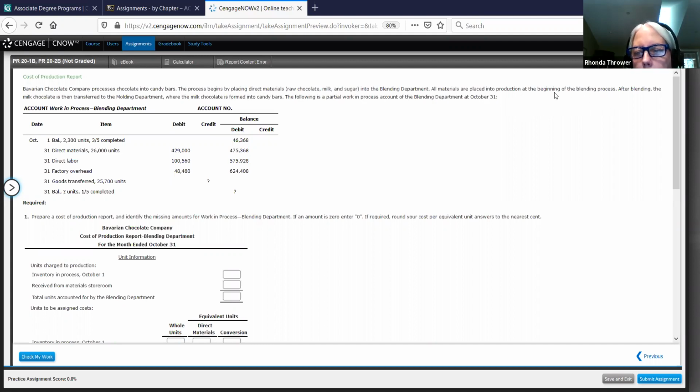Now, this is something that's really important for you to note here. In this textbook, we only talk to you about placing our materials into process at the beginning of the process. In other textbooks, you will learn that you can put materials in at the beginning of the process, at the end of the process, or all throughout the process.